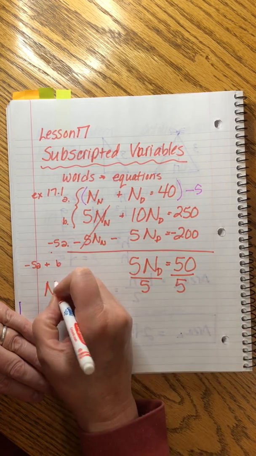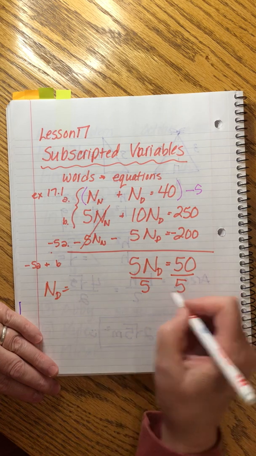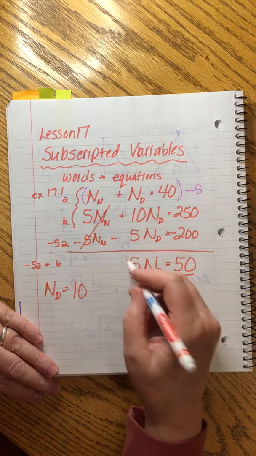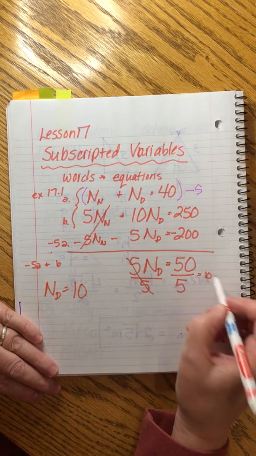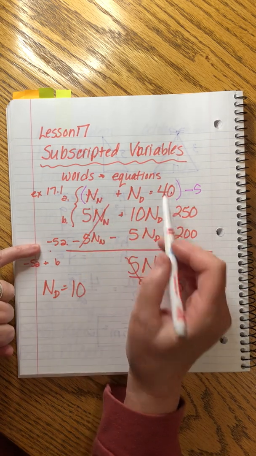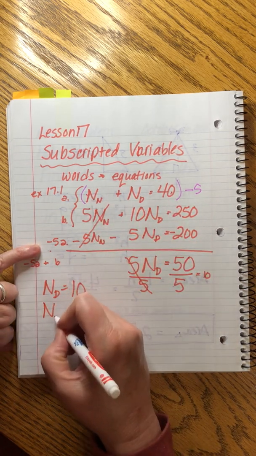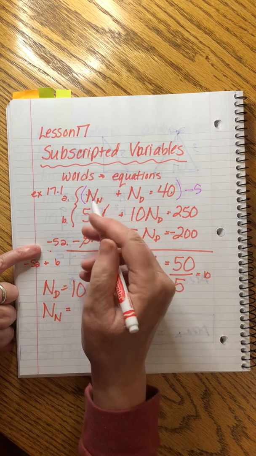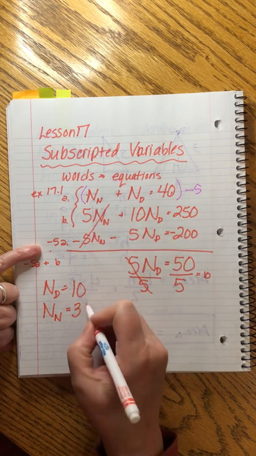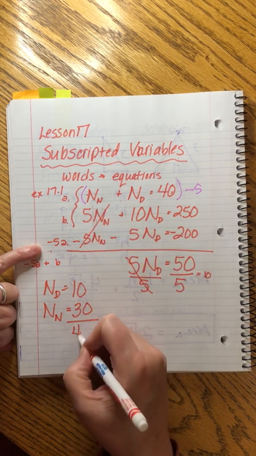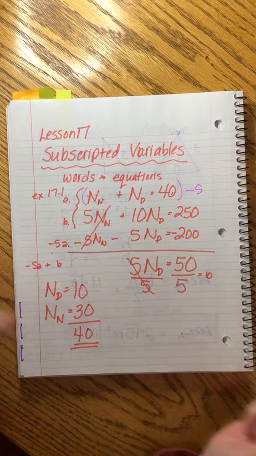So the number of dimes equals 10. And then I can go right here to my original equation and see that the number of nickels must be 30. And then together they add up to 40. So that's the way I double check that.